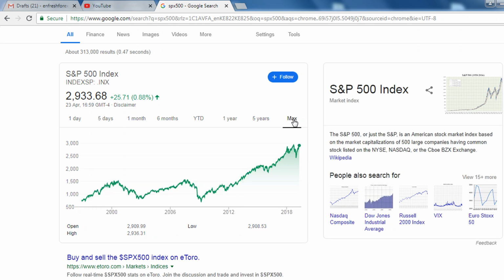If you evaluate this index from the highest time frame possible, the maximum time, from 1993, we've been upwards. The price has been heading upwards. You can see that here. It went up, and then there was a recession, and then it went up, and then it declined again, and it went up, and currently we are still up. There was a massive decline late last year.